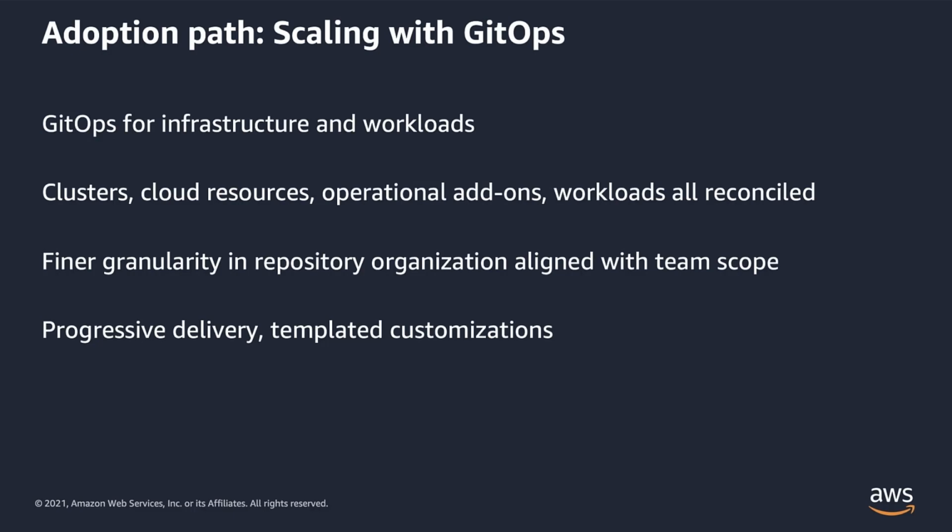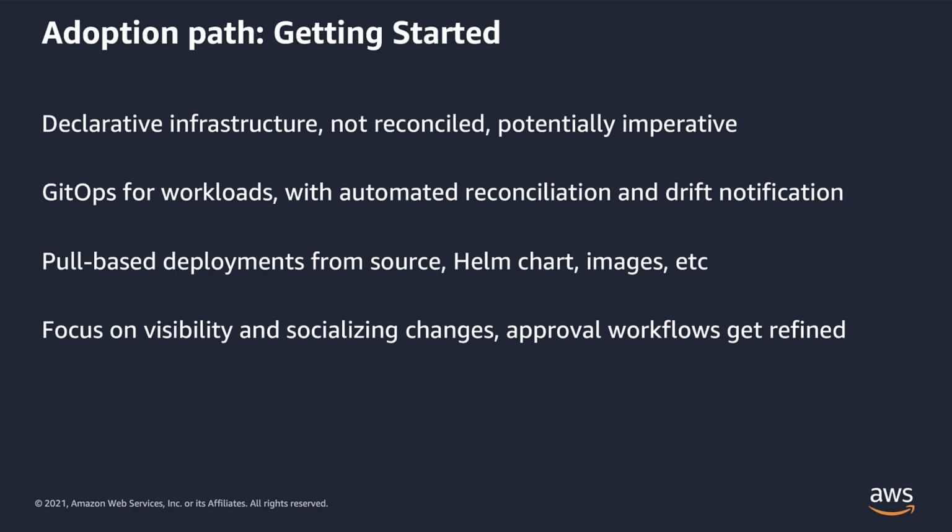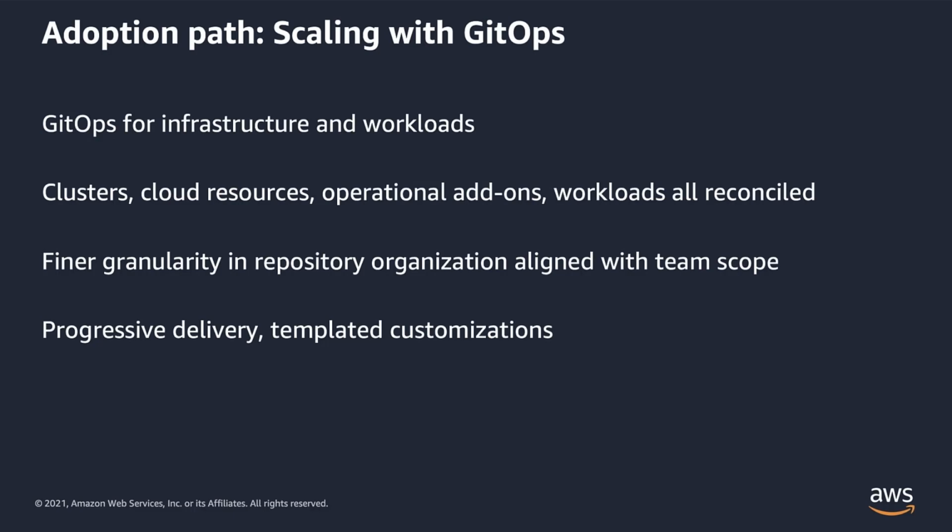I think it's a great place to start so you can see where you're going to scale and what problems you might have. Basically everything is reconciled, workloads as well as infrastructure and clusters. Progressive delivery is being used, canaries, blue-greens. You're using templated customizations. This is a great target.